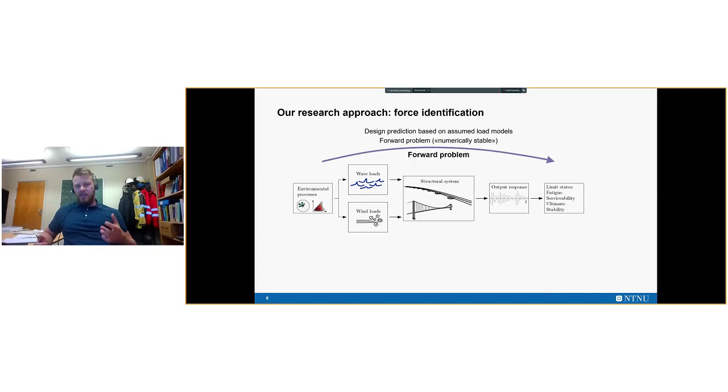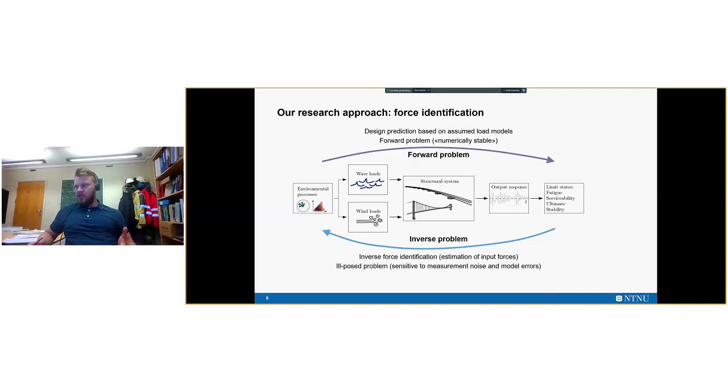And in numerical terms, this is a quite stable problem. You usually have a unique solution, and as long as your computational power is there, if you have sophisticated software and so on, you can always solve this problem in the forward sense.